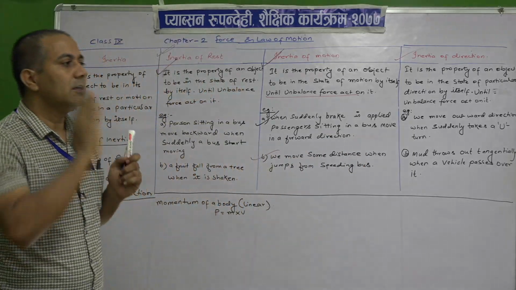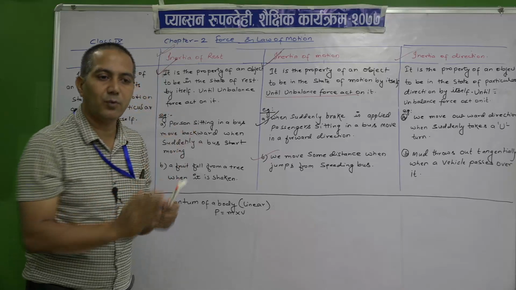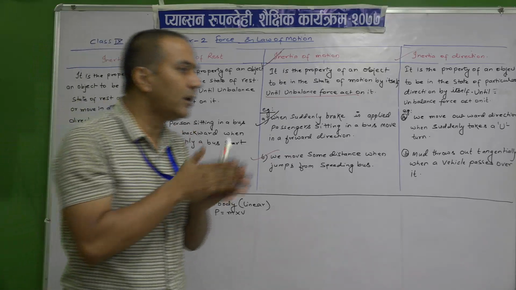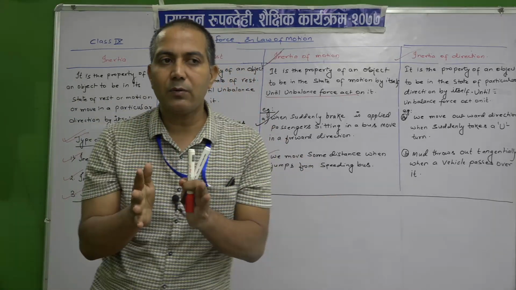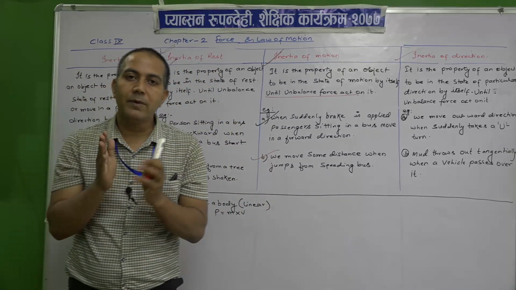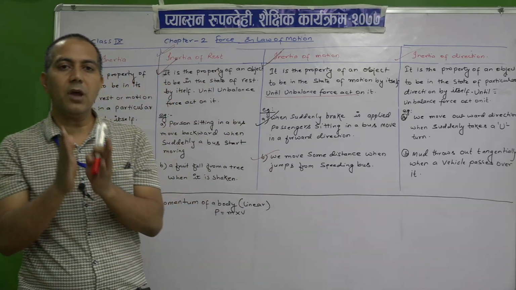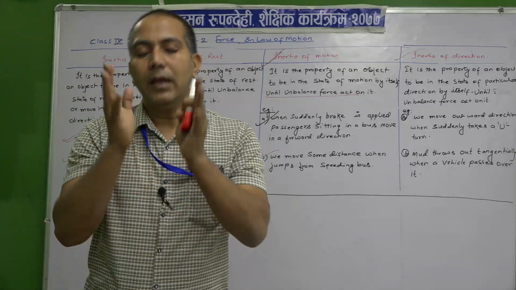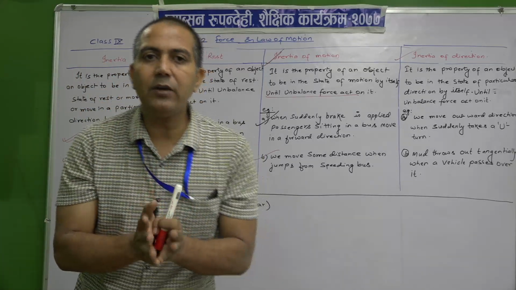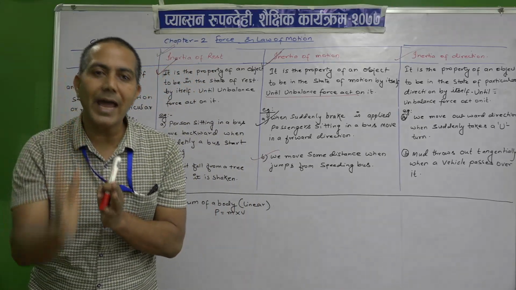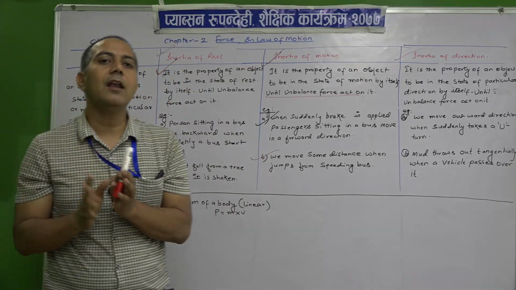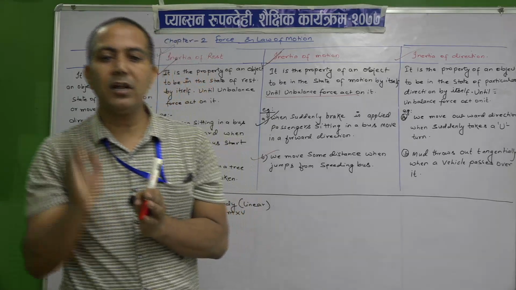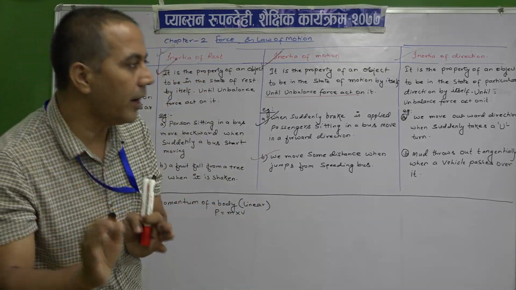Why? Because there is no external force that distracts you from the direction. Therefore, we can say that inertia of direction is the property of the body by virtue of which it stays in a particular direction until and unless an unbalanced external force is applied on it.